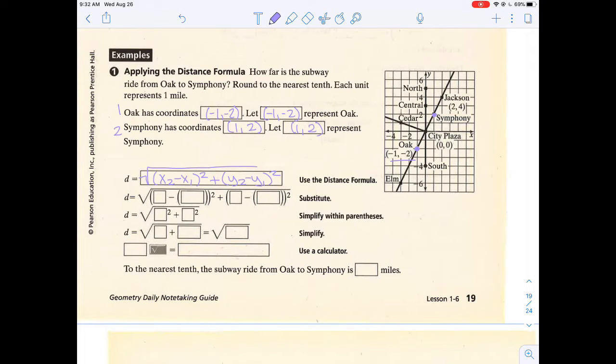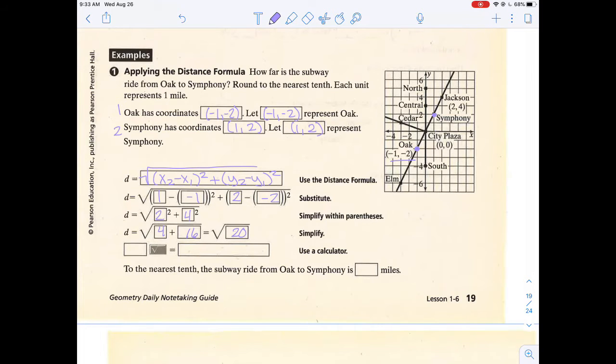So x2 would be 1 minus -1, then 2 minus -2. 1 minus -1 is like 1 plus 1, which is 2, squared. 2 minus -2 is 2 plus 2, which is 4, squared. 2 squared is 4. 4 squared is 16. And if we add 4 plus 16, that would be 20.